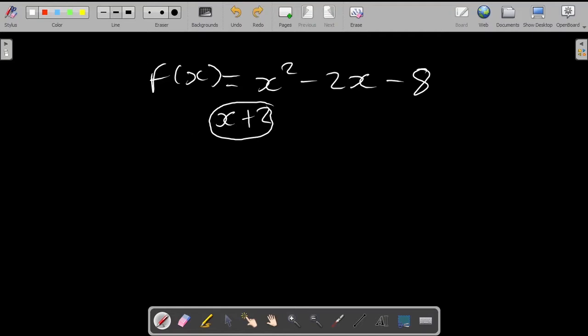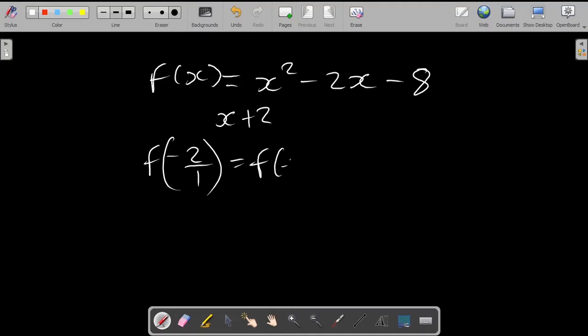What is the remainder when you do that division? If you recall from our remainder theorem, we put a negative sign, take b, which is 2 in this case, and then take the coefficient of x, which is just 1 in this case. So you substitute this value into f, and doing that, you have f of -2.